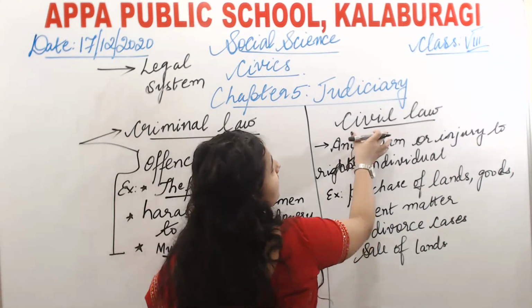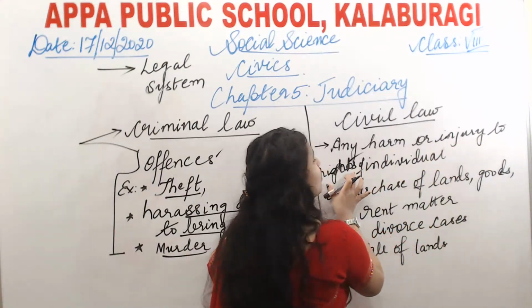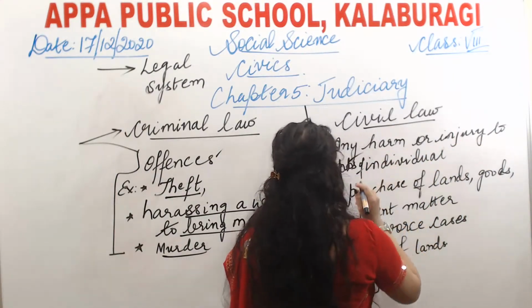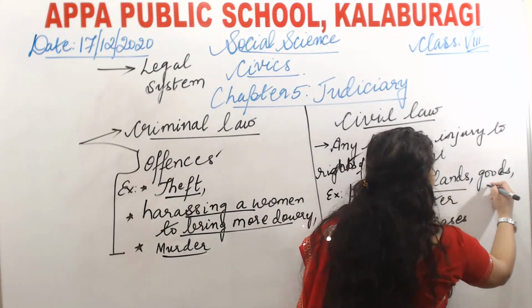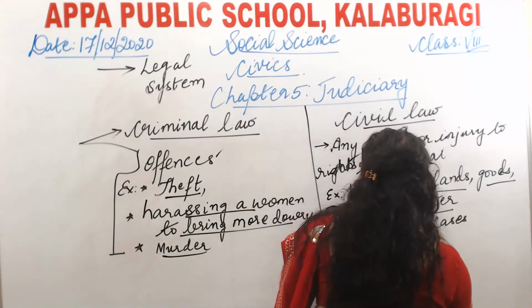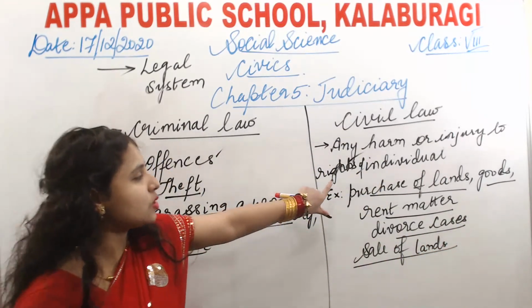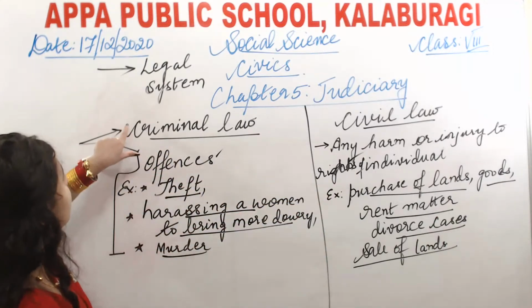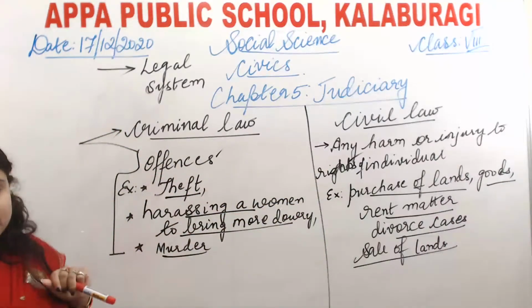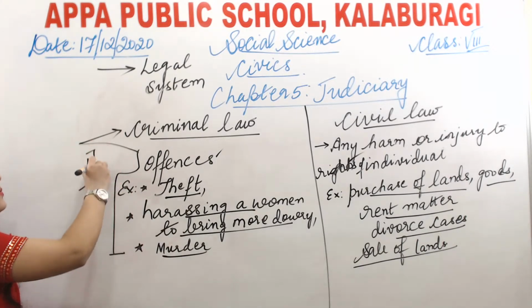And civil law deals with any harm or injury to the rights of an individual: purchase of land, goods, rent matters, divorce cases, sale of land. So this is the first thing.